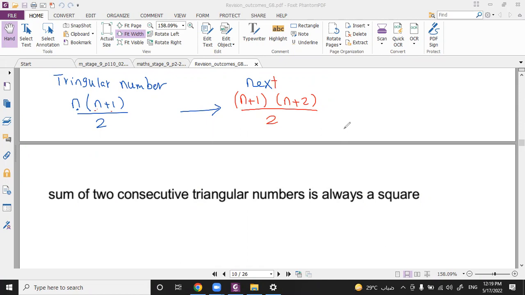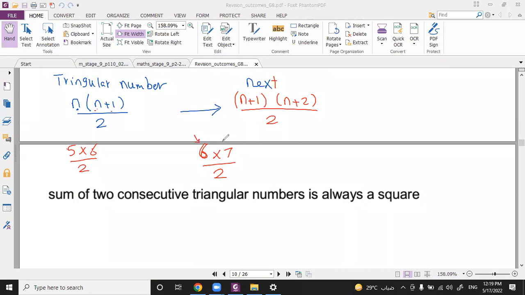If I'm talking about the fifth triangular number, it's 5 times 6 divided by 2. If I'm talking about the sixth triangular number, it's 6 times 7 divided by 2. But I'm talking in general. n times n plus 1, and this is 6 times 7.